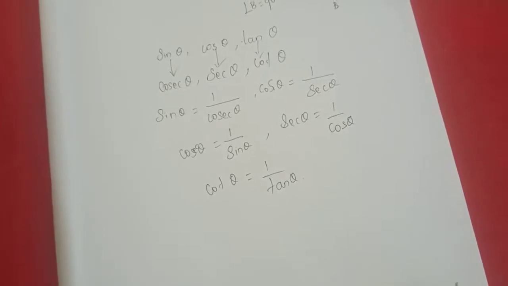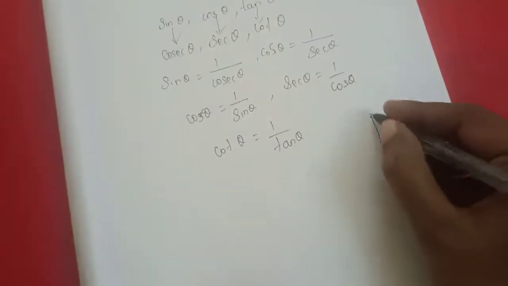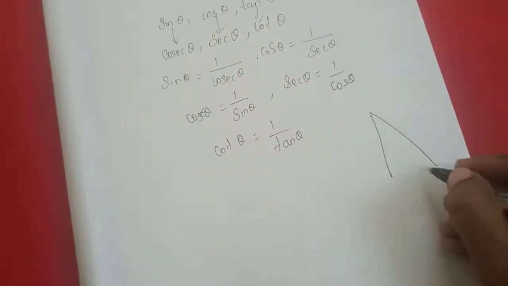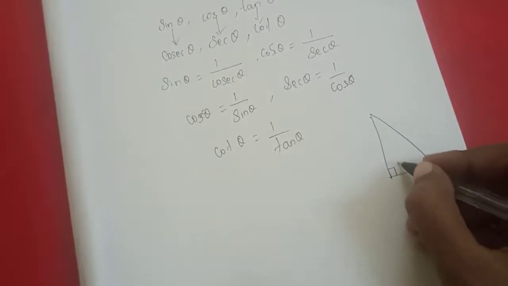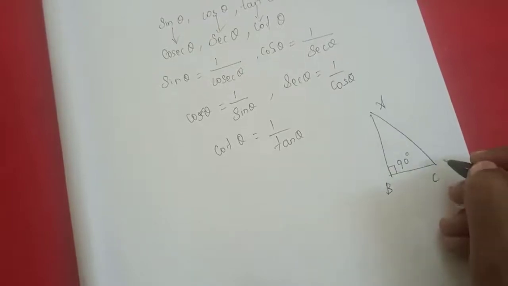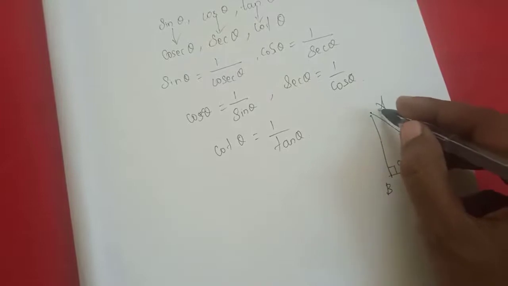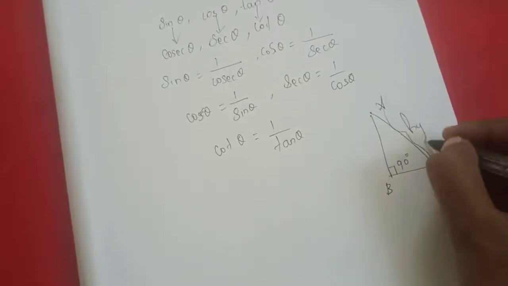Then next we are going to learn by using a right angle triangle. We are going to recall something. So here it is 90 degree. Okay. So let us consider as a triangle ABC. It's a right angle triangle. What is the hypotenuse side here? This is a hypotenuse. Is it right?